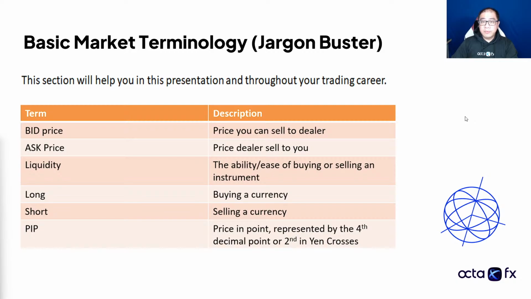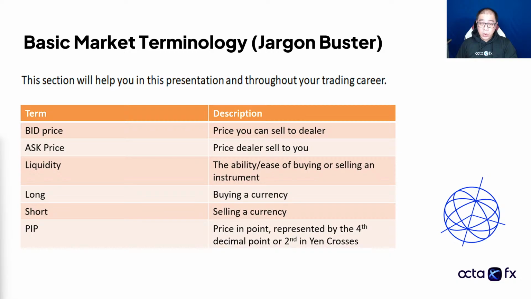Okay, so before we go on, let's talk a little bit more about basic market terminology, or what I call a jargon buster, so you know the lingo in trading. This section will help you in this presentation and also throughout your trading career.